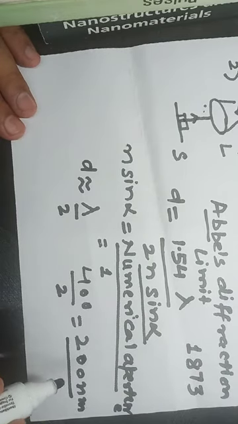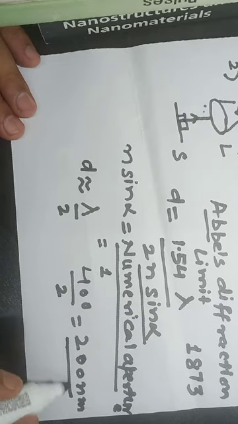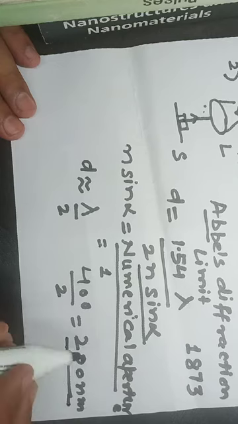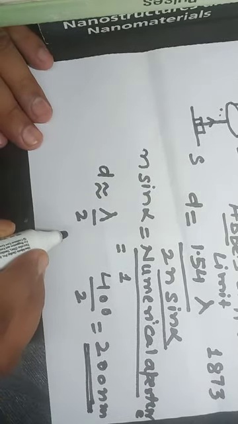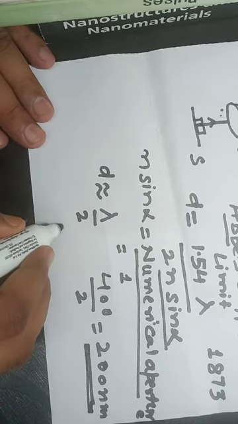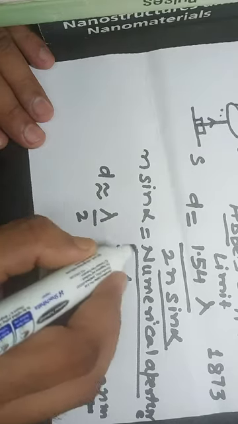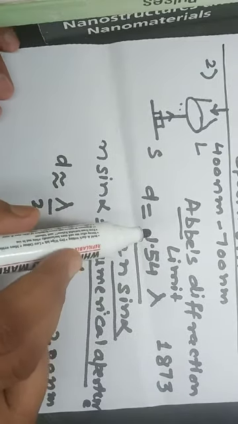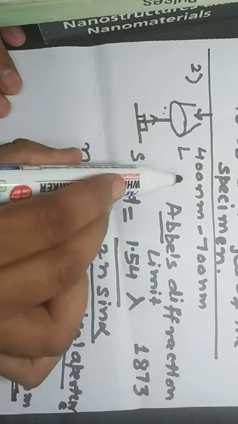We cannot image samples which are smaller than 200 nanometer. So if we have a sample whose particle size is, let us say, 100 nanometer or 150 nanometer, then the optical microscope is not a good alternative to measure that sample.